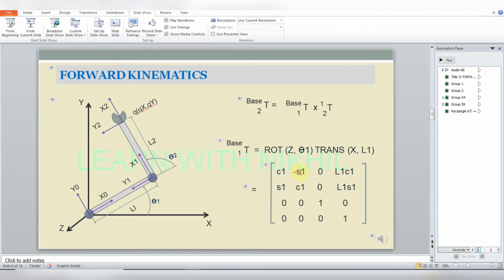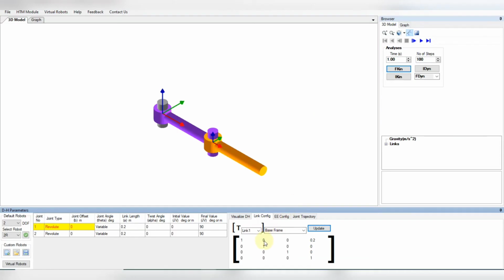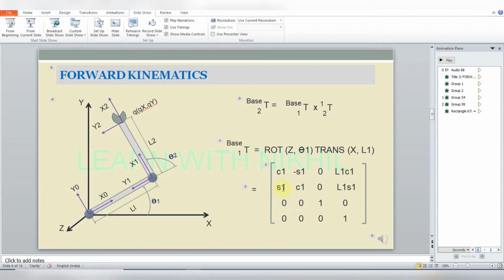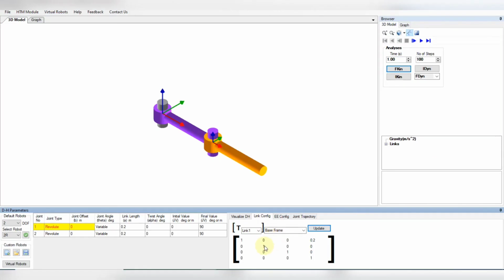Then sin 0 is 0, so the value is 0. Then again sin 0 is 0 and cos 0 is 1, so here the value is 1. And for link 1 with respect to the base frame, here the value is 0.2. So again this is the qx value which is 0.2.